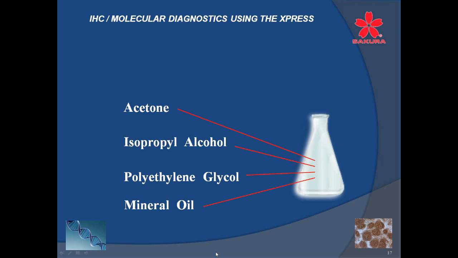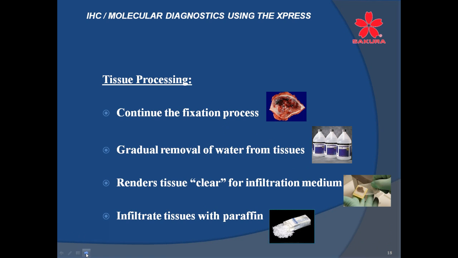But instead, if we can make one solution out of all of these that will do the very same thing that these do individually, then we can cut our time down, whether it be fixation or processing, and get the same job done. Then why not? This is exactly what's been accomplished with some of the molecular fixatives. We'll talk about these here momentarily.